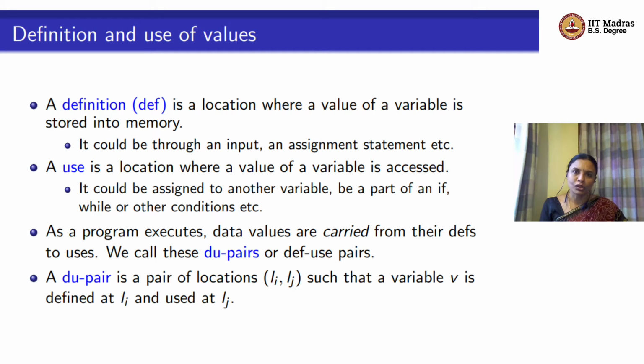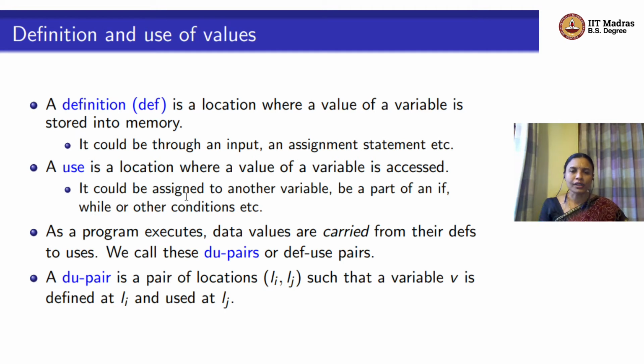So def-use shortened as DU pair. So what is a DU pair? A DU pair is a pair of locations, Li and Lj. Li and Lj are two different statements in the program, such that for a variable v, the variable v is defined at Li and used at Lj.